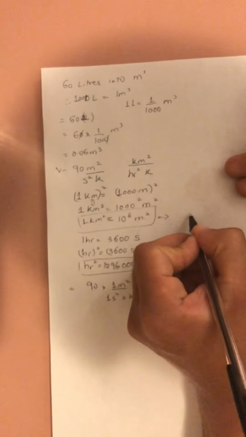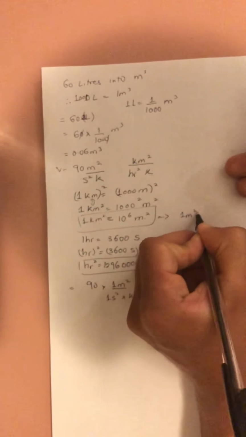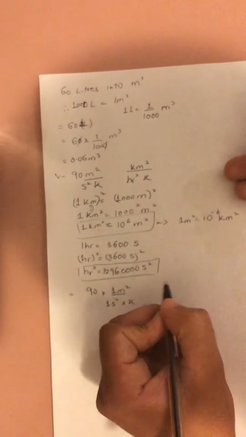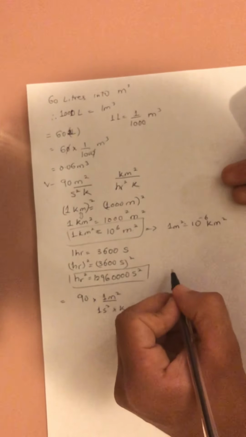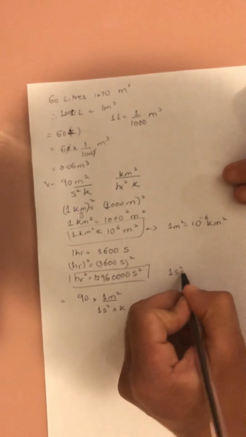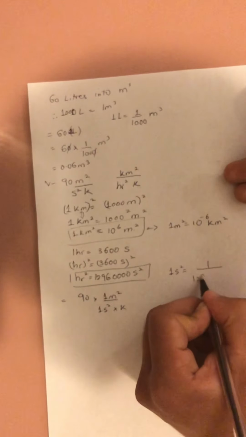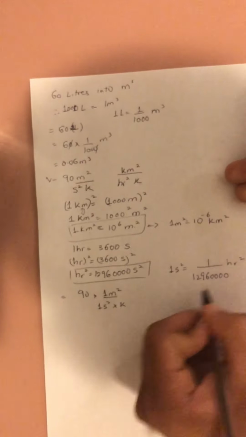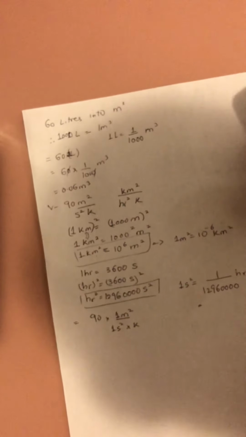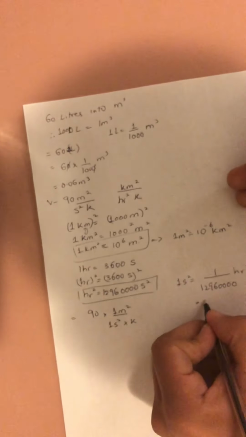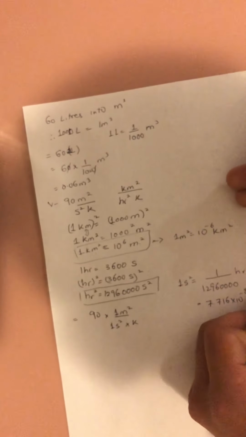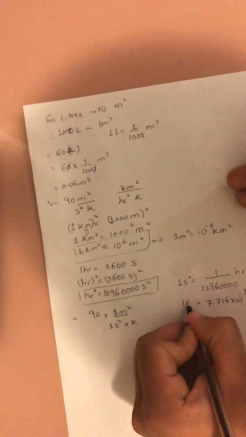This means that 1 meter square is equal to 10 to the power minus 6 kilometer square. And here 1 second square is equal to 1 divided by 1296.1234 hour square, which is 7.716 times 10 to the power minus 8 hour square.